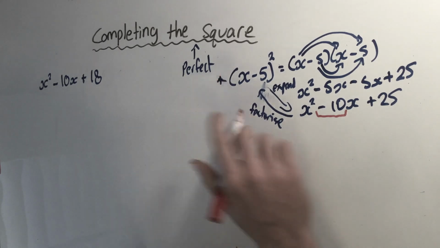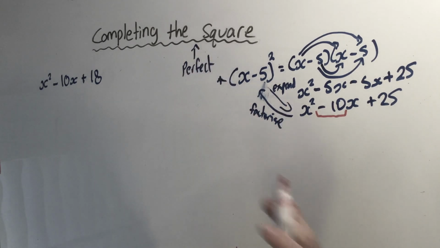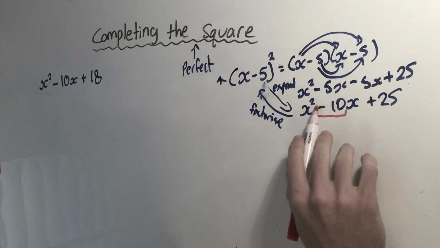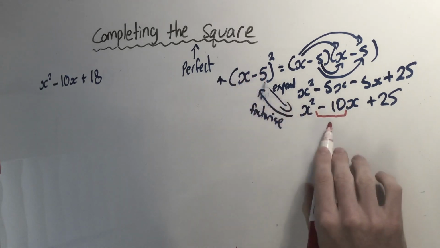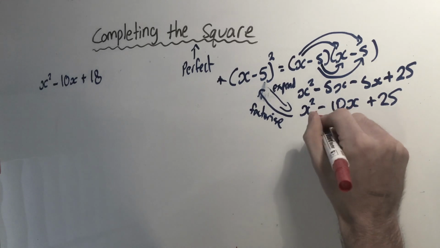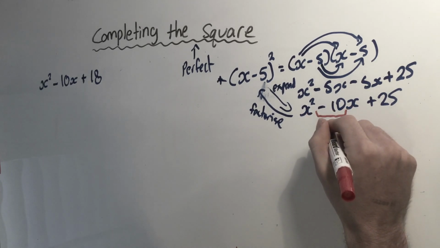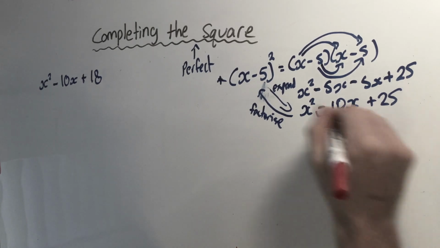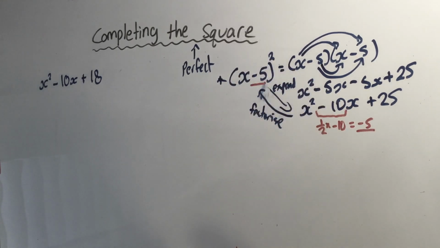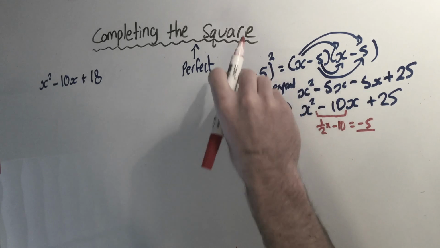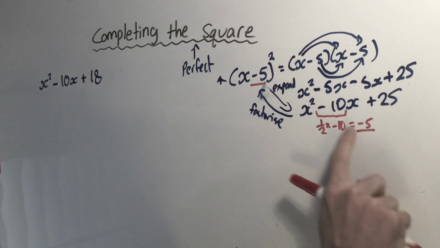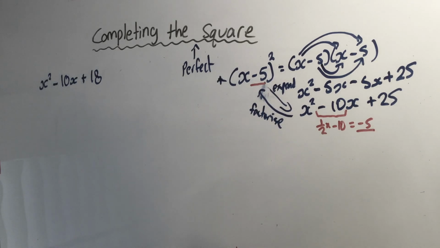So to get it back in, surely we have to halve it to get back to the original. This represents double of those two times together, so half of minus 10 equals minus 5, which is going to be the term here. So that gives you some insight into how you could go from this to the bracket.